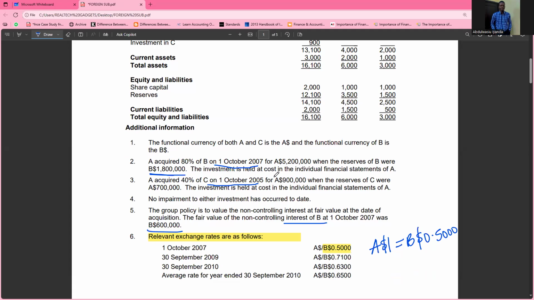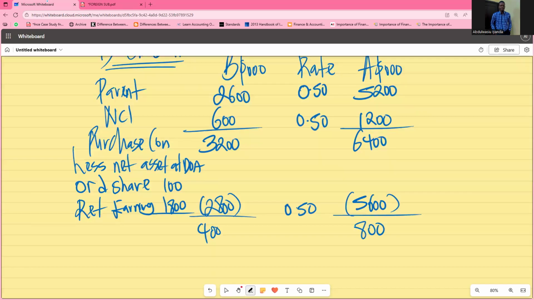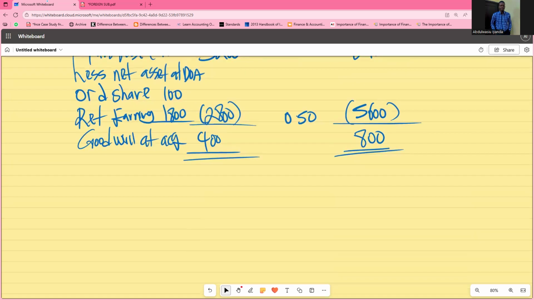It means that there's no impairment. So I can close this off. So this is the goodwill at acquisition. And there's no impairment up to now as well. So that's fine. What you now need to do is determine the gain. That will be the next action.